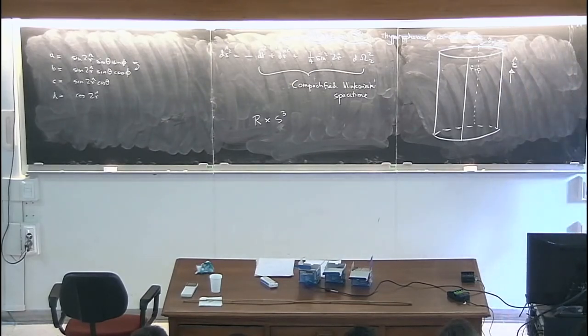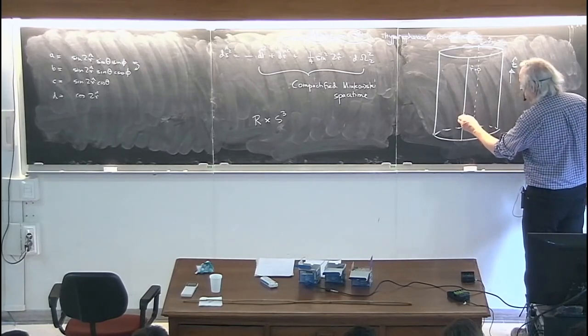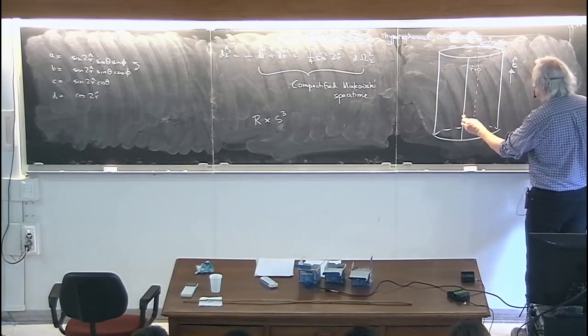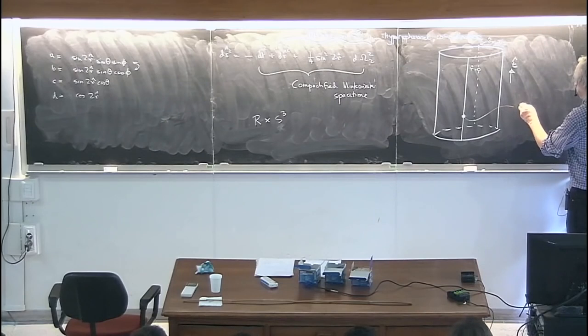So what does this space-time look like? Well, it looks like a sort of diamond-shaped region. Here is the point p equals q equals minus pi by 2.